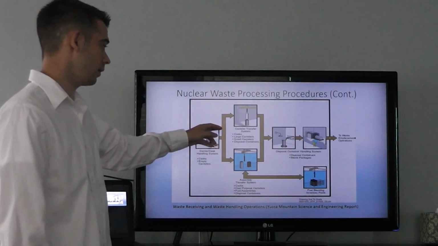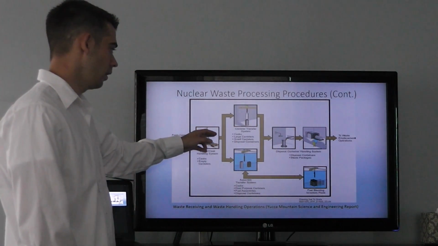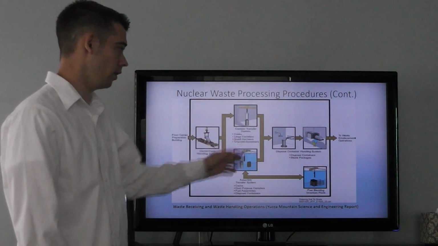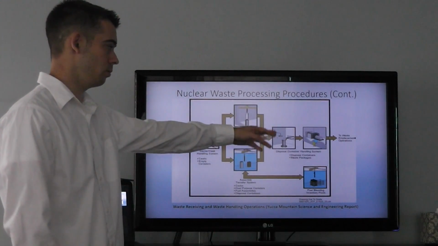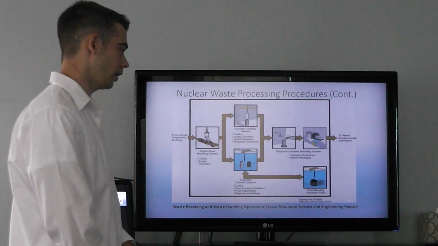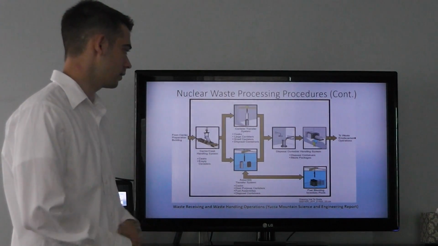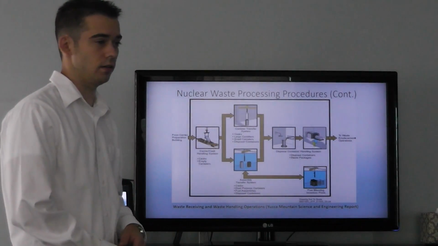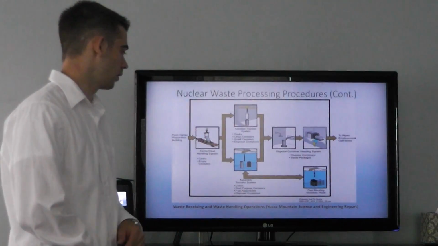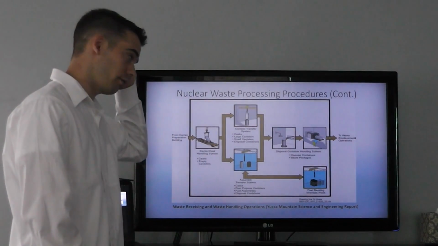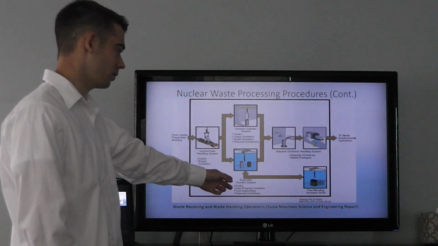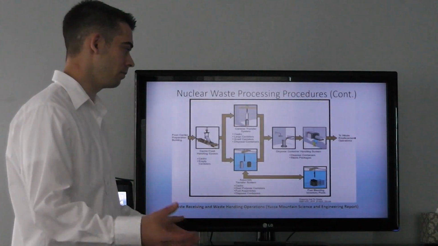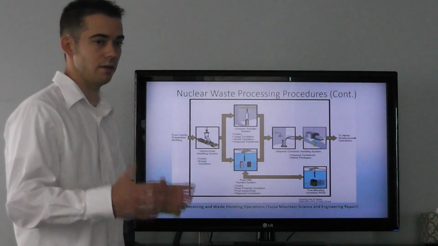It could go to a canister transfer system, which essentially puts the waste in disposable containers, and then it'll go on to be placed within the repository. Any containers that do not meet the standards, or where the levels are too high for the spent nuclear fuel, will go onto the assembly transfer system, or they'll go into a fuel blending pool where they'll mix the different levels to get the level they actually want.